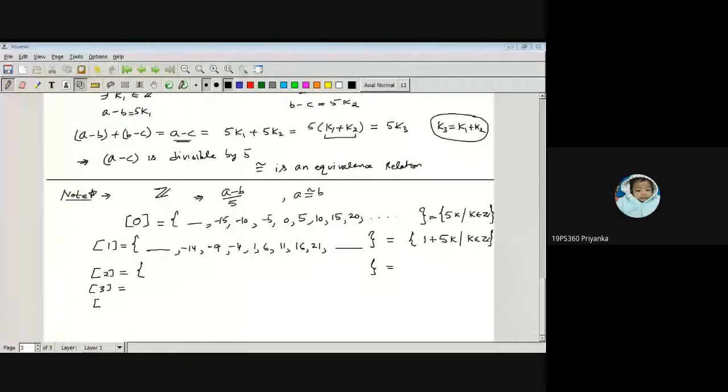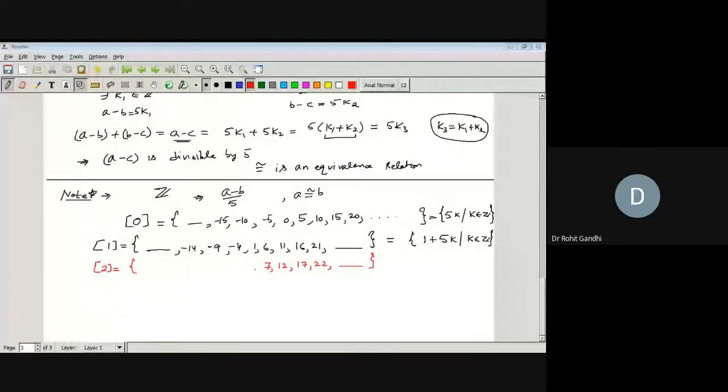Sir, 5k plus 2, where k belongs to integers. आप एलिमेंट्स बोल सकते हैं, कौन कौन से एलिमेंट्स आएंगे इसमें? Sir, 7, 12, 17, 22, and so on.